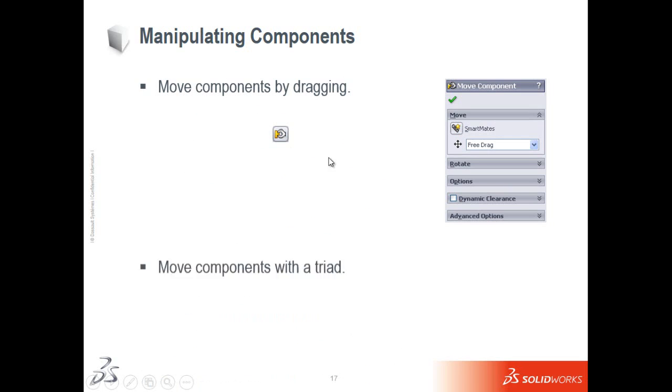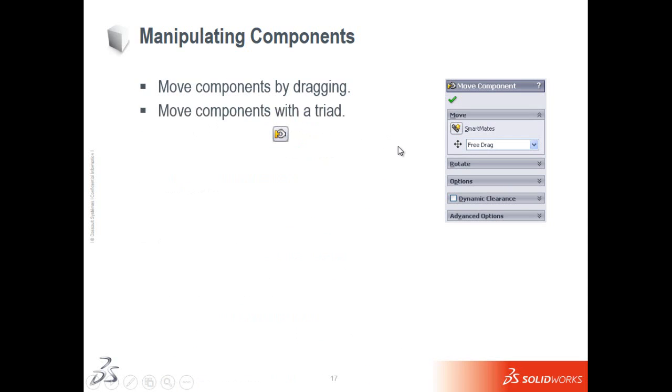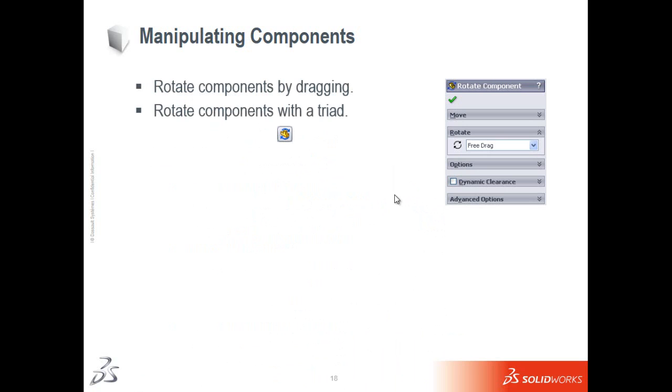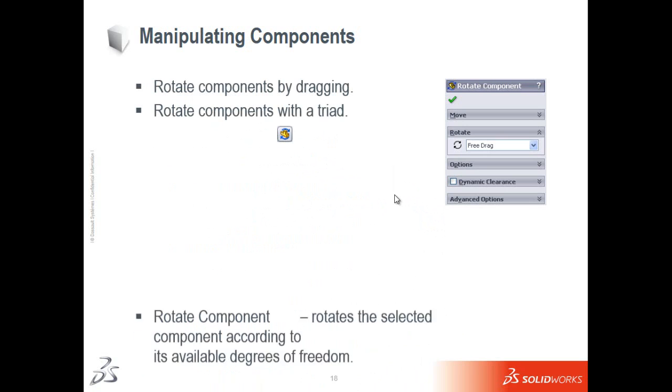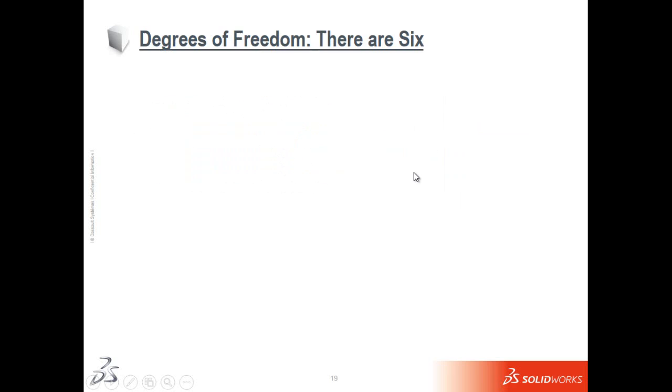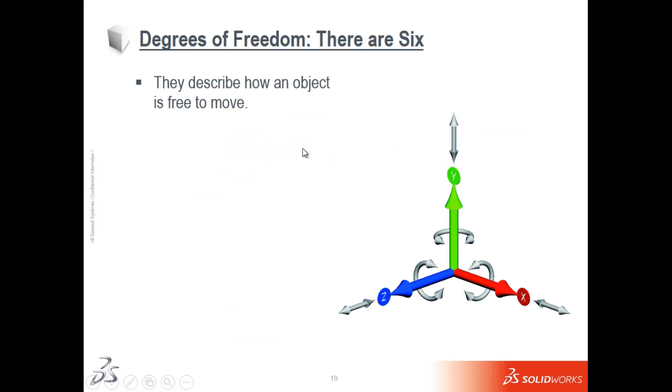Move components by dragging. Move components with a triad. Move Component moves the selected component according to its available degrees of freedom. Rotate components by dragging. Rotate components with a triad. Rotate Component rotates the selected component according to its available degrees of freedom. Degrees of freedom, there are 6.